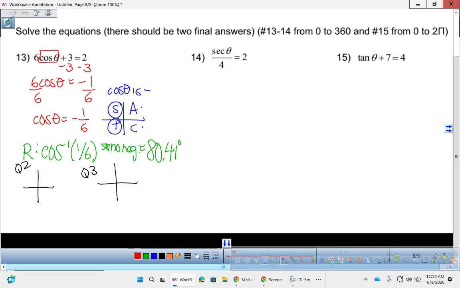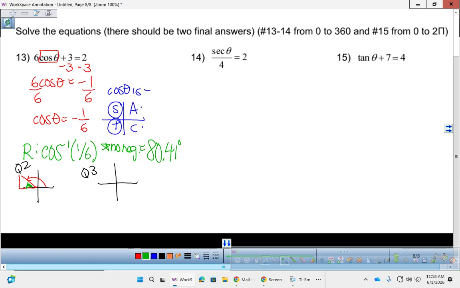So if I draw a quadrant 2 triangle, something in quadrant 2, this angle right here is the reference angle. So the green angle is 80 degrees-ish. Red plus green is 180. I have green, so I can subtract.